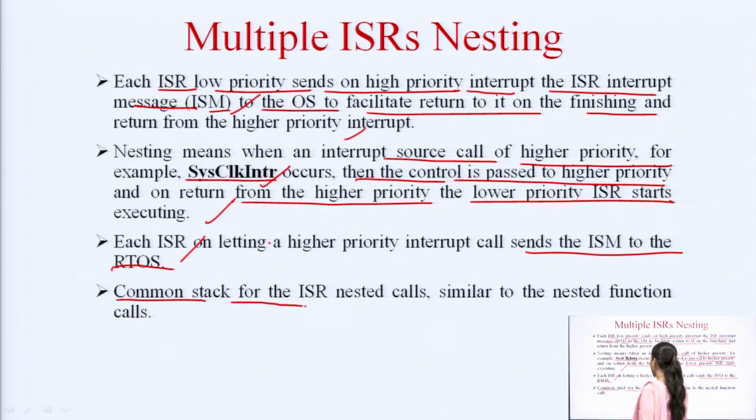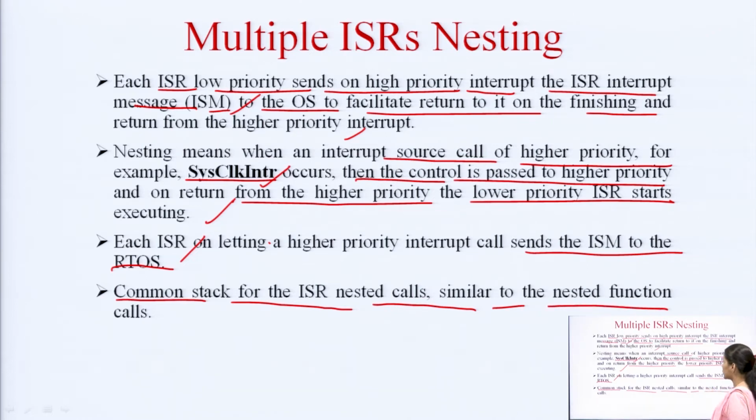The common stack for the ISR nested calls is available, which is similar to nested function calls. So, in case of interrupt nesting, there is always a common stack which is used by all the nested interrupts.